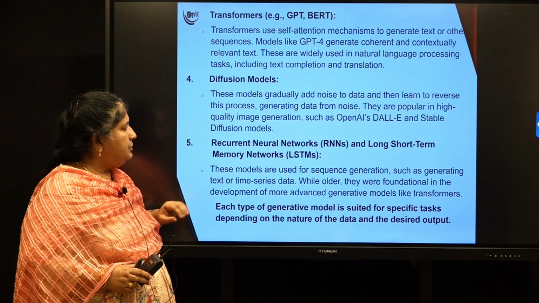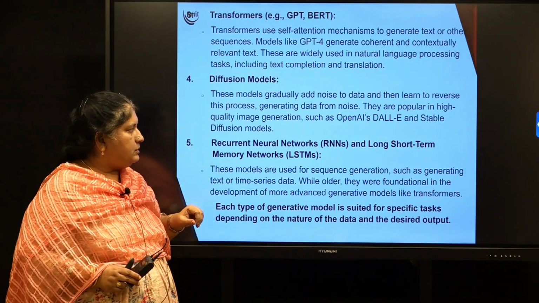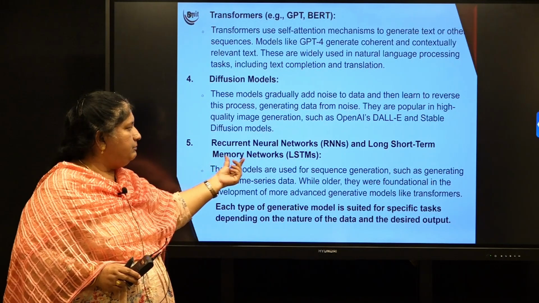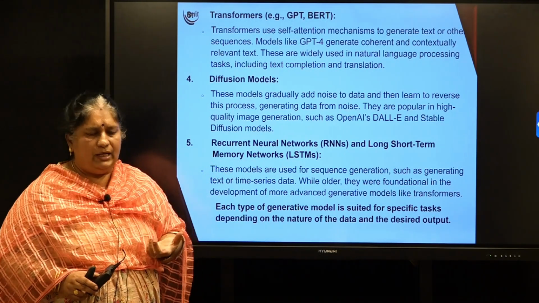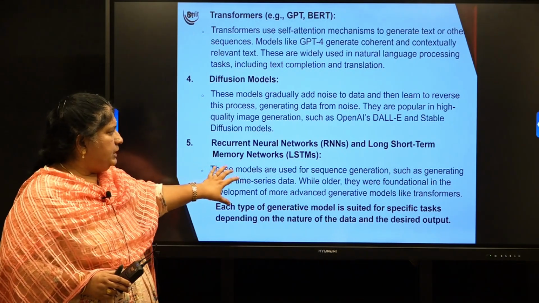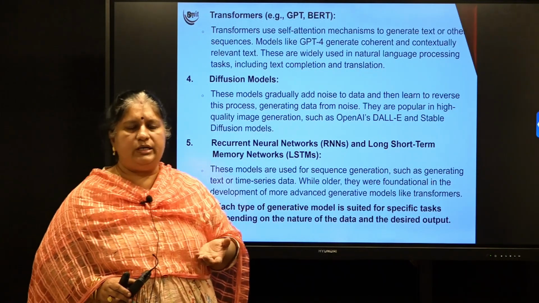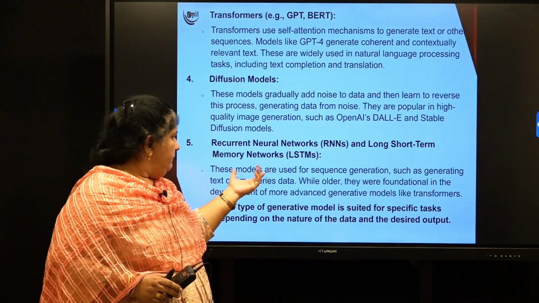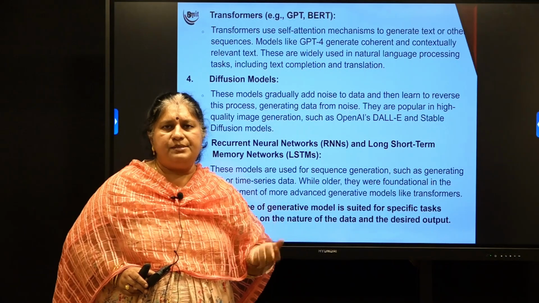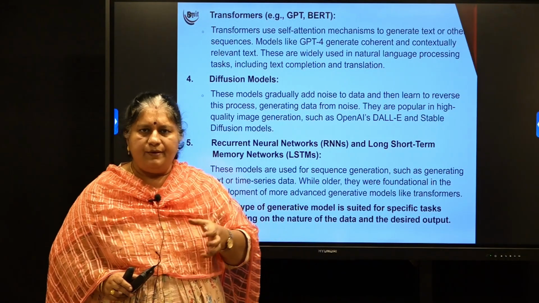Then coming to recurrent neural networks and long short-term memory networks. What do we mean by these? They help us work with sequence generation, and whenever you are working with time series data, I can give a best example.